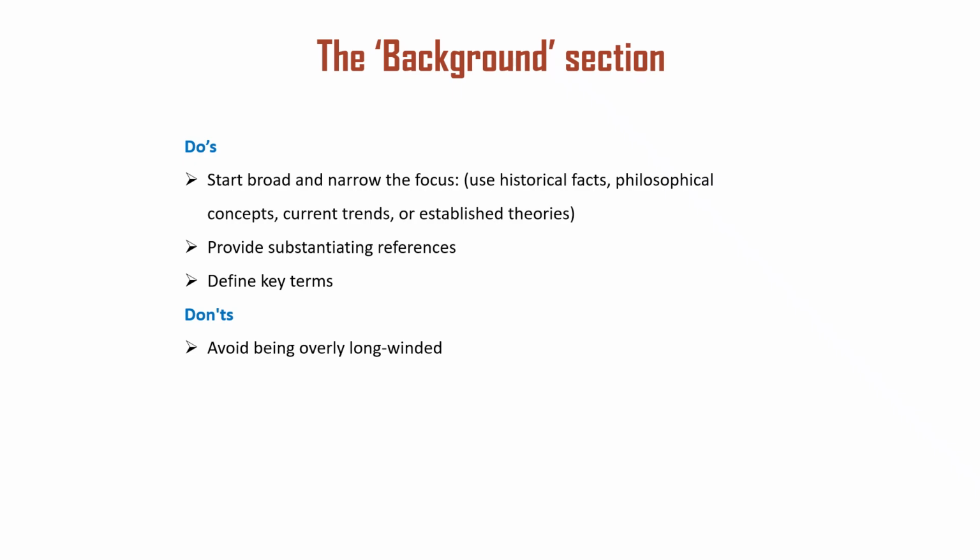First, avoid being overly long-winded. Sometimes writers turn around the bush and they take a long way to reach the topic. On this basis, you are advised not to take a long time to get to your topic. Between the beginning of the background section and the end, there shouldn't be a long way.